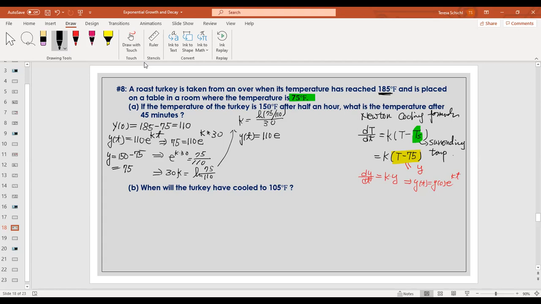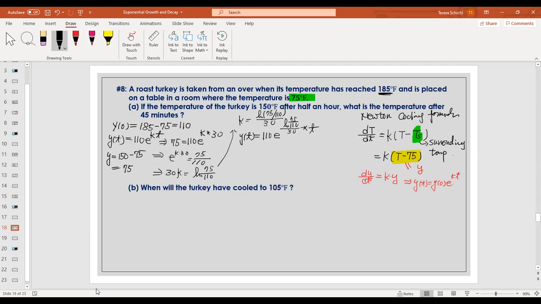So what is the case here? So k is 1/30 times the natural log of 75/110, correct? And times t here. Okay, so now the first question is what is the temperature after 45 minutes here, right?